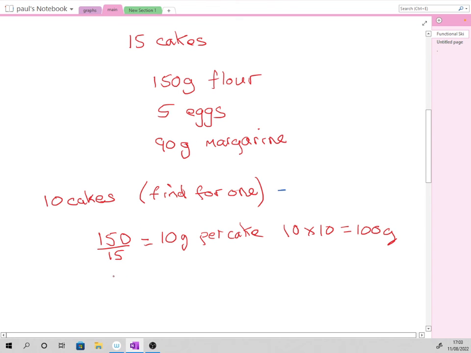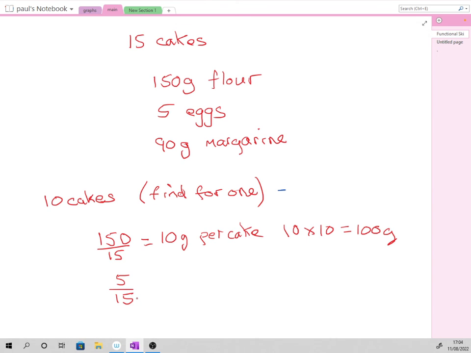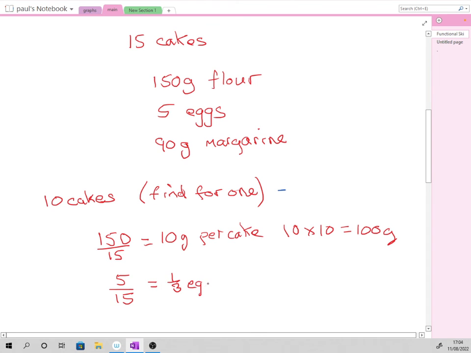What about the eggs? So you need 5 eggs divided by 15. Oh, that's going to be an awkward number, isn't it? Didn't make this up. 5 divided by 15. A third, isn't it? It's a third. I'm going to leave that as a fraction. It's a third of an egg. Now, we're going to multiply that by 10 cakes.